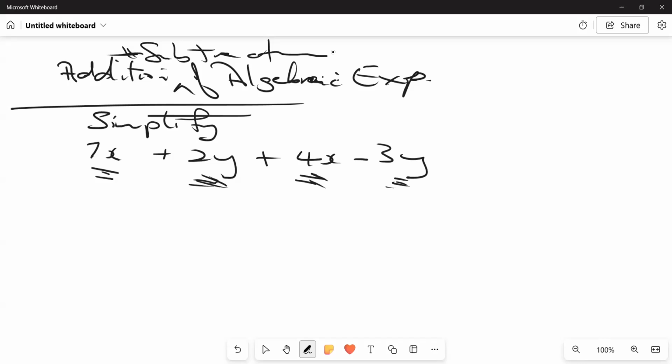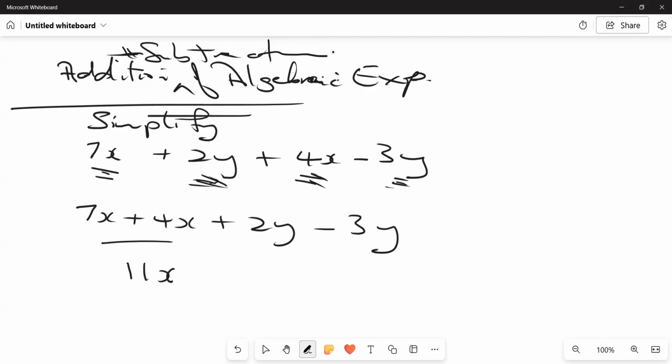So in this case, some people rearrange the expression and put the like terms together. You don't have to. As you get good with this kind of thing, you could look at this and write down the answer. But I'm just doing it for you as a starter. Now that the x's are together, we can add the x's. So you get 11x.